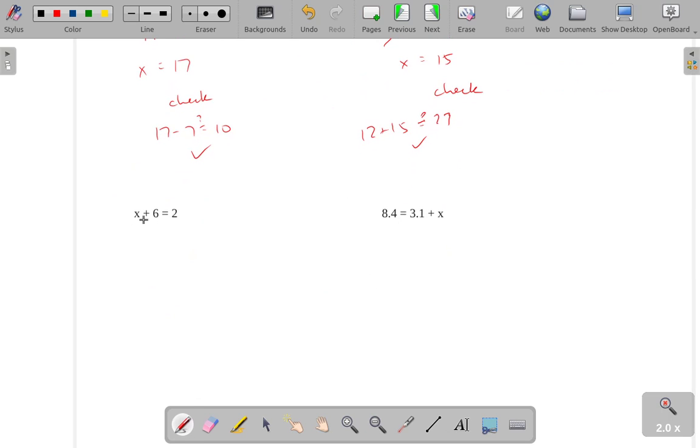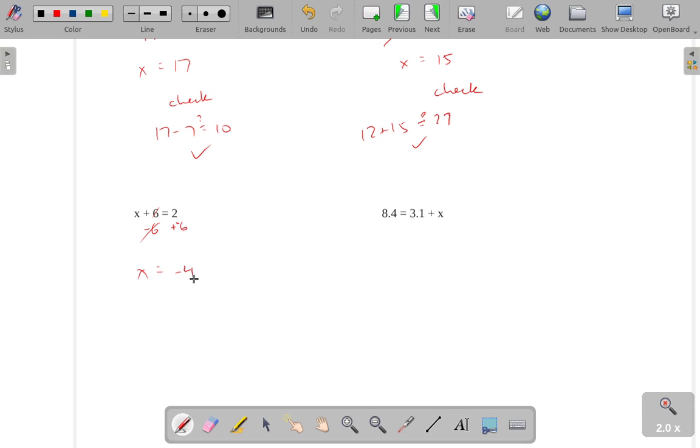All right, for something like this, x plus 6 equals 2, this is where your intuition might already be starting to fail you a little bit. To get rid of the addition, I want to subtract 6 from both sides. You might think of this as adding a negative 6, because that's how we would do these.